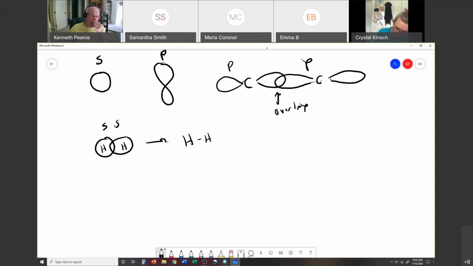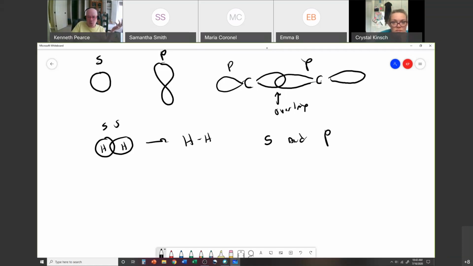Now, the problem arises particularly with carbon. Carbon, you would expect to have an s level and p's.